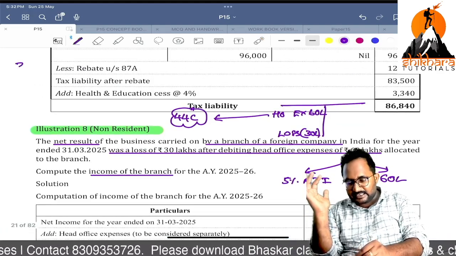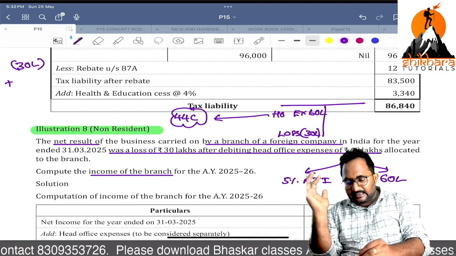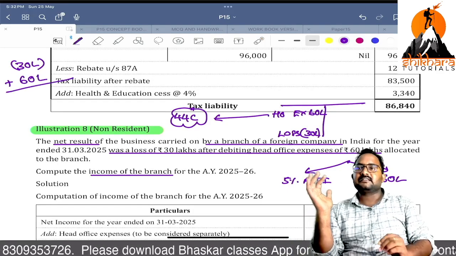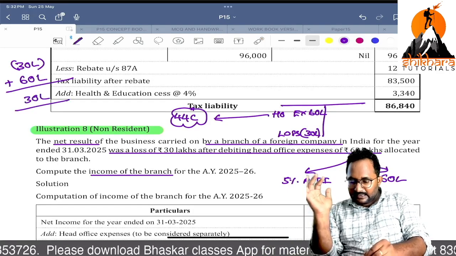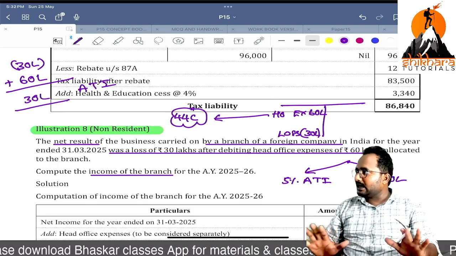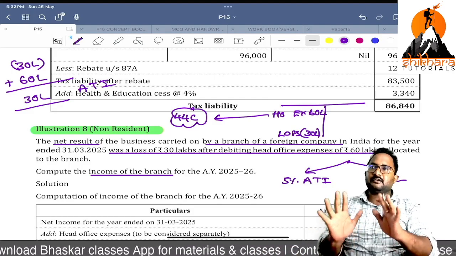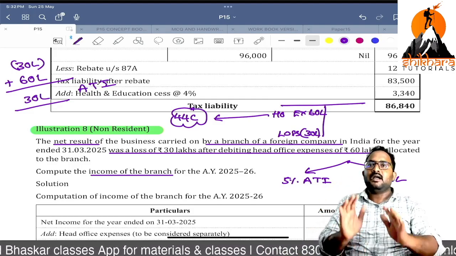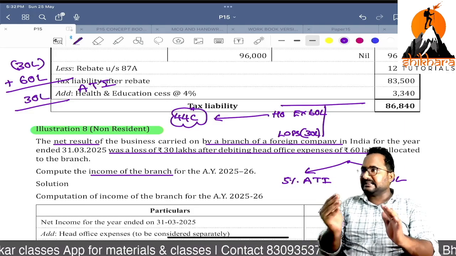Loss how much? 30 lakh. Now please add the head office expenses, how much? 60 lakh. This gives 30 lakh adjusted total income. We have to calculate the total income before giving the effect of all the things, but in this question they have given only the head office expenditure.